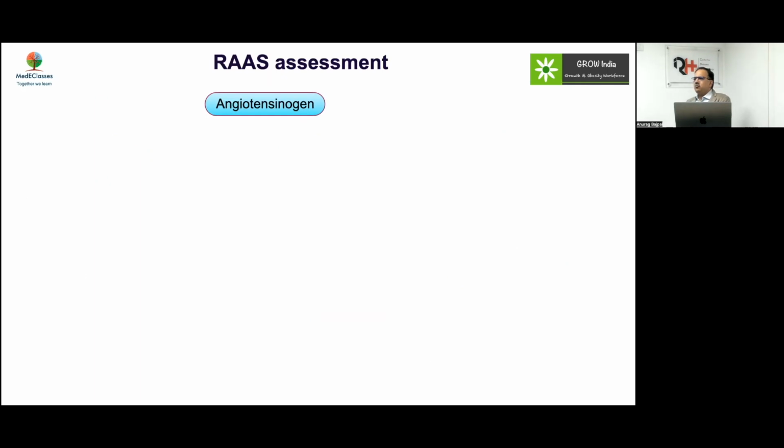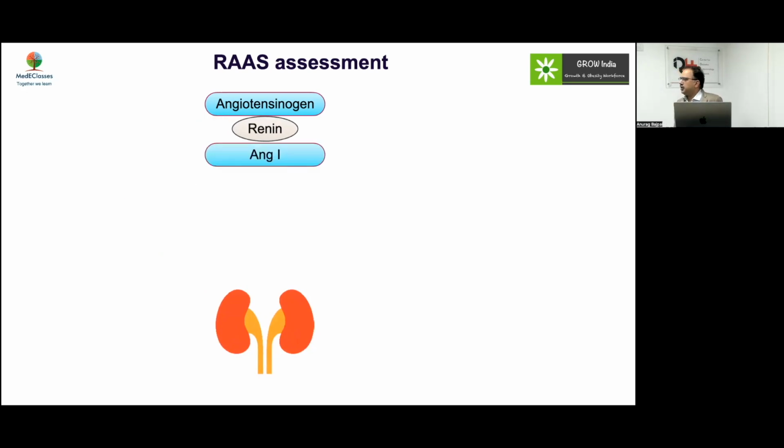Now, once we have decided that this is possibly a renin-angiotensin effect, how do you assess the scenario from there? We have already discussed that angiotensinogen is converted via renin to angiotensin 1, which is converted via the angiotensin converting enzyme to angiotensin 2, which is a very important agent as far as fluid regulation is concerned.